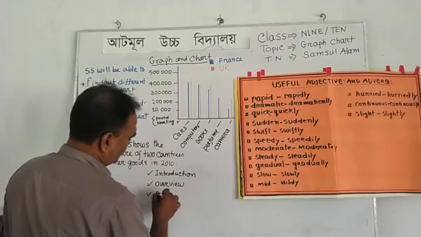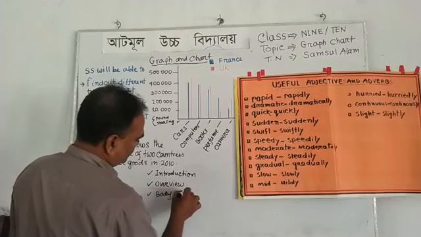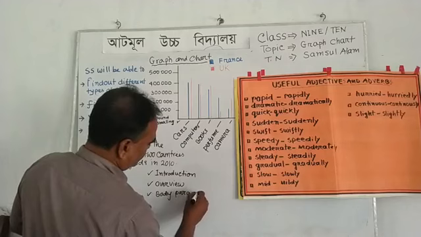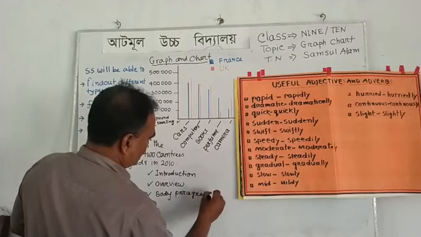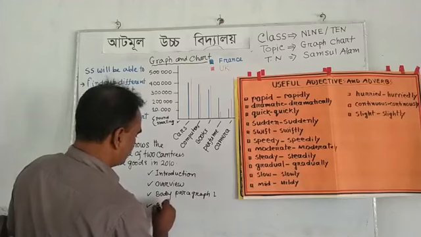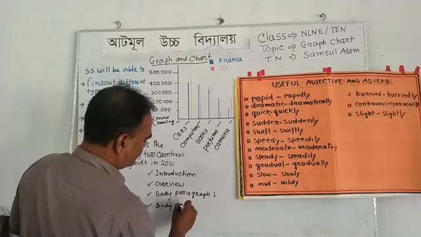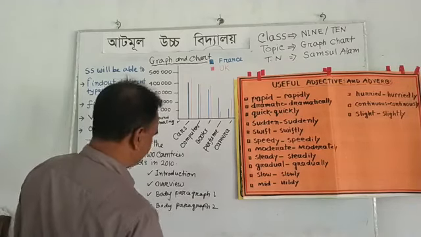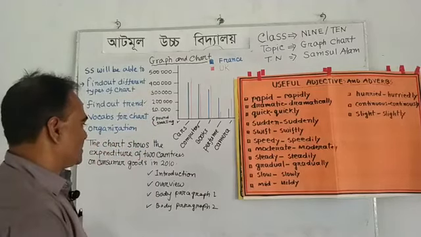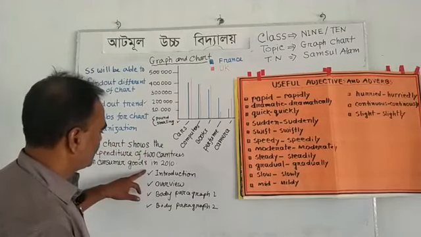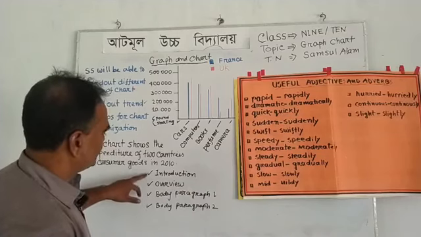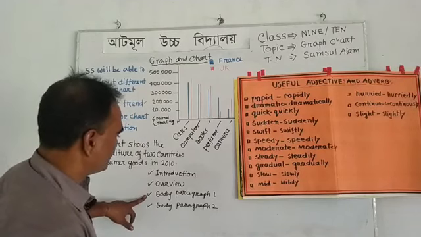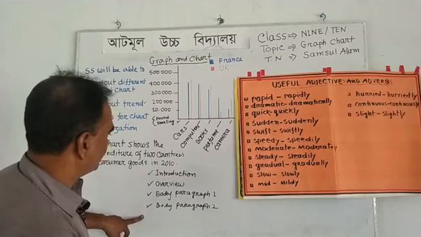Then we will write body paragraph one, and last, body paragraph two. We will organize our chart description with these paragraphs. At first we will write the introduction, then the overview, then body paragraph 1, and last body paragraph 2.